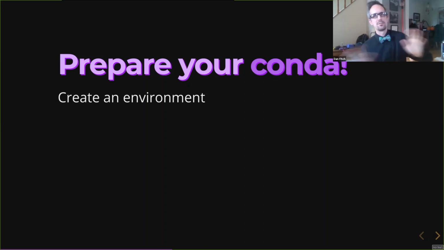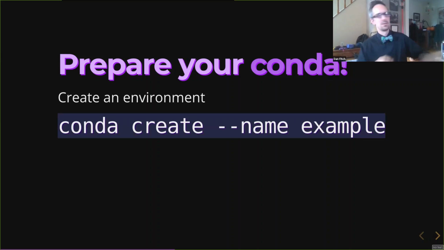Either way, start a terminal or an Anaconda command prompt. What we're going to do is type conda create --name example. Hopefully you can see clearly where the spaces are on the screen. What this is going to do is just say, hey, Anaconda.